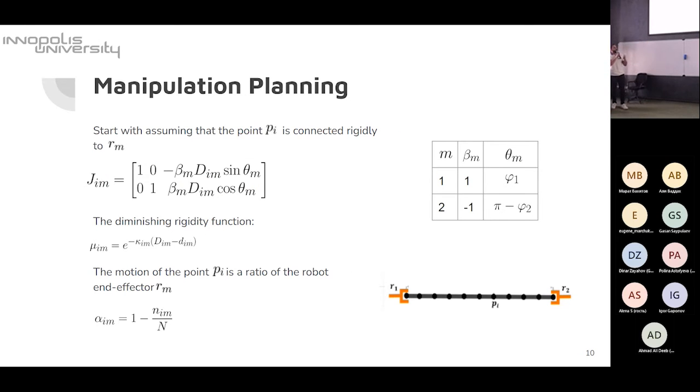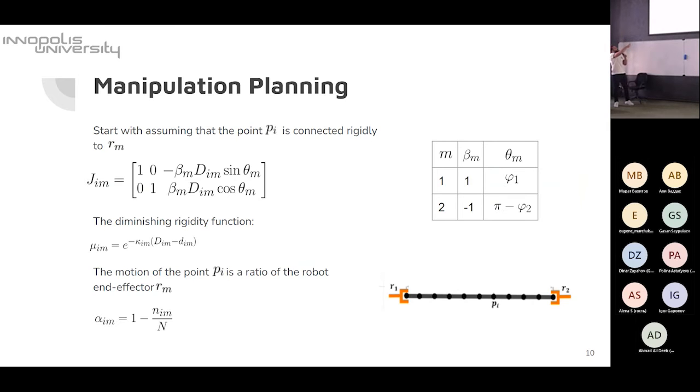So based on these two observations, we compute the Jacobian for the cable point Pi and the robot M, since we have two robots, so M could be 1 or 2.